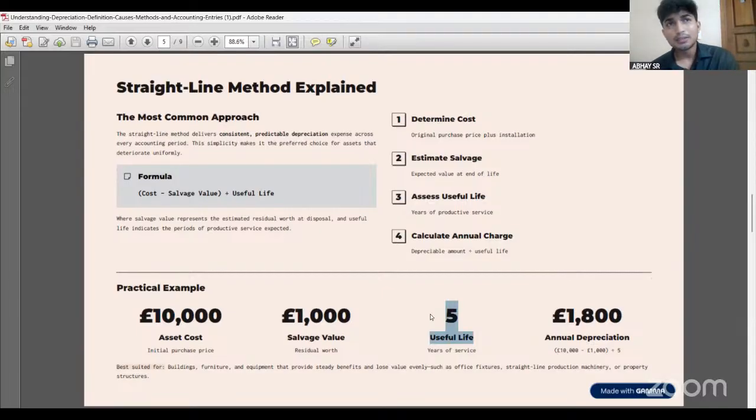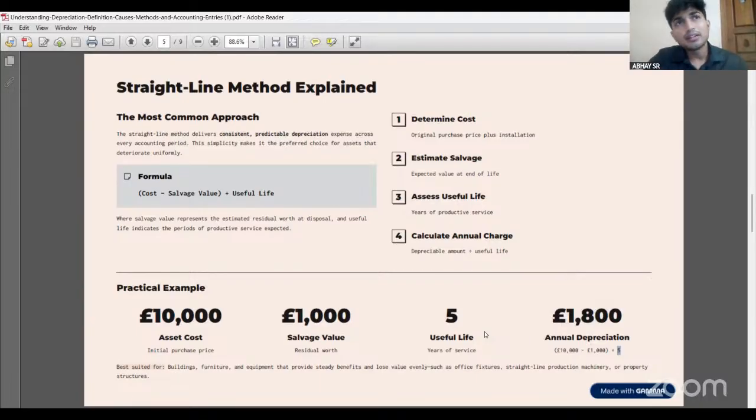When I bought the machine, the useful life was just 5 years. Later on, I surveyed and checked the condition of the machine, and I realized that I can use it for 8 years. In those cases, if I'm following straight line method, the calculation might change. So that's a bit advanced level.